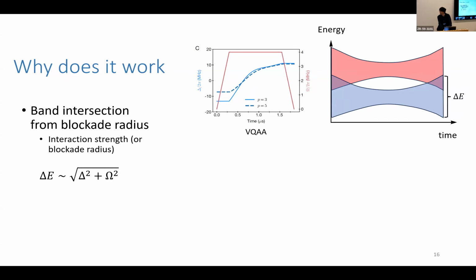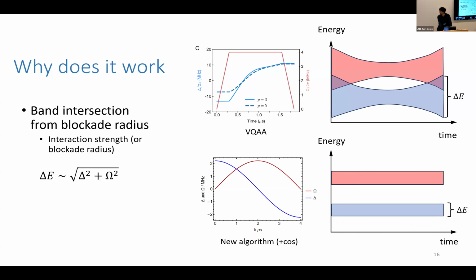why our algorithm performs better than the previous one. From a first intuition, the previous algorithm contains a very large effective interaction strength compared to the band gap between the non-independent set and the independent set. The blue area represents all the solutions, and the red area represents the non-solutions.